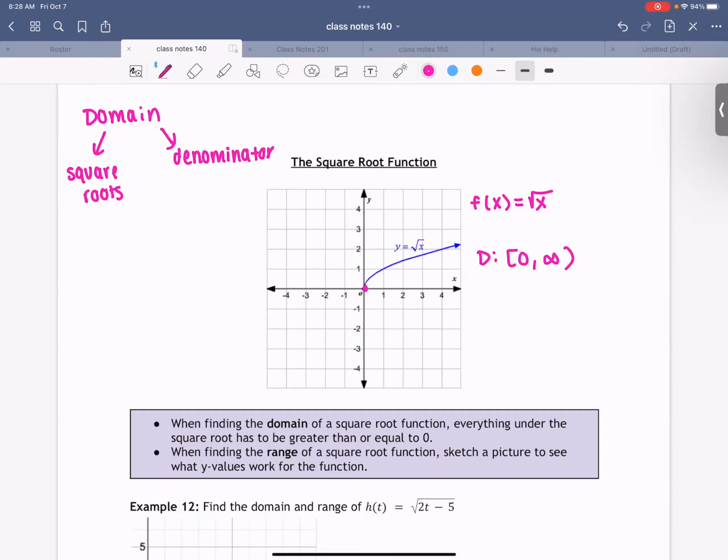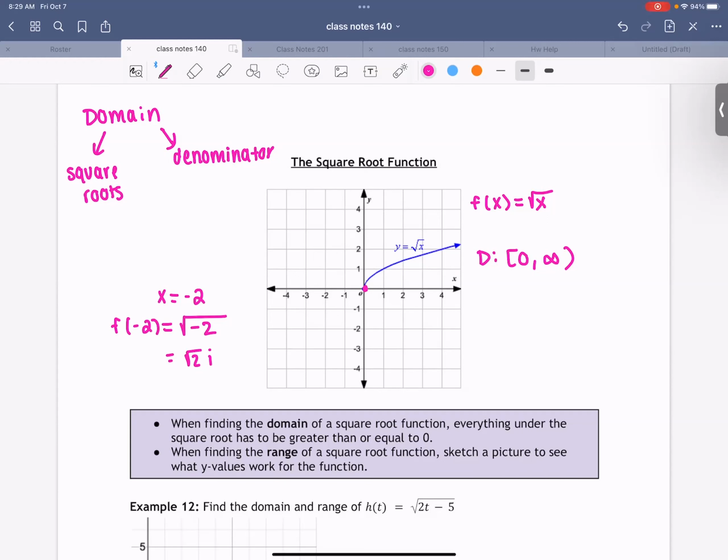Why doesn't the function exist at -2? Right, because at -2, I would plug -2 in for x, and that would be the square root of -2. We do know that this is the square root of 2i, but we're looking at real numbers, not imaginary numbers.